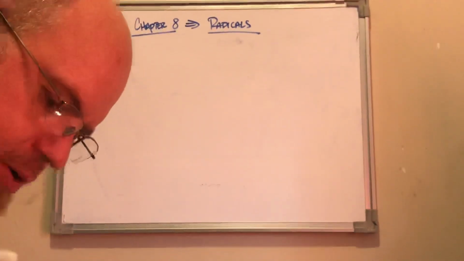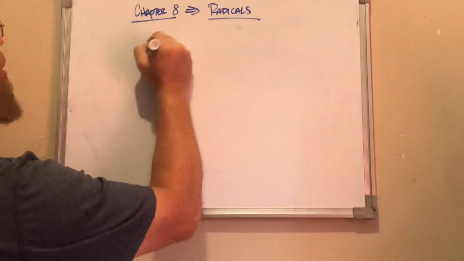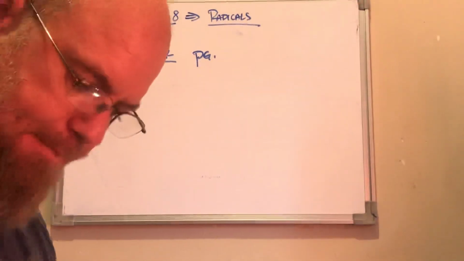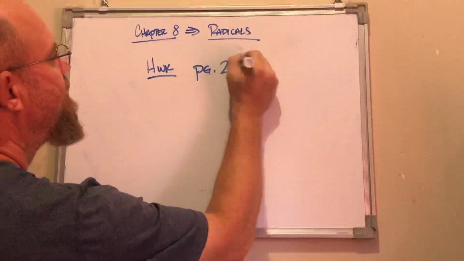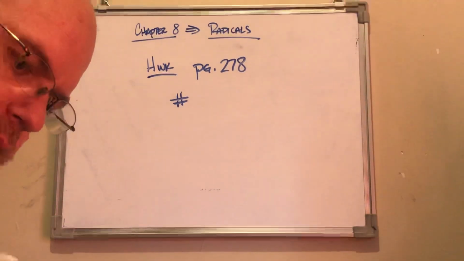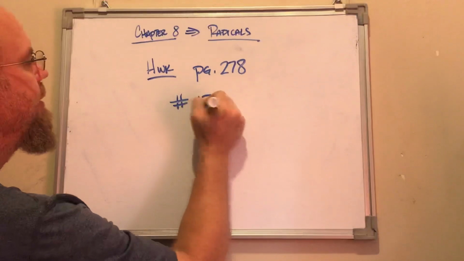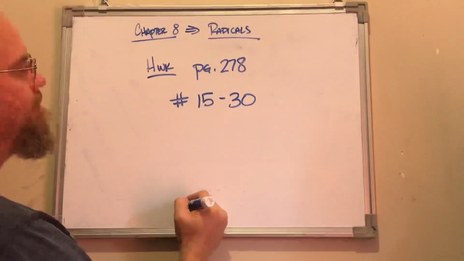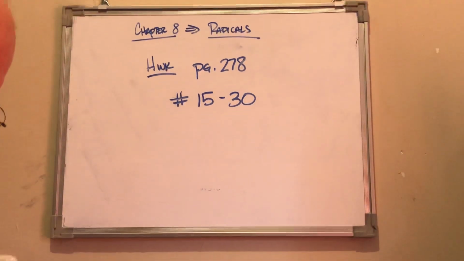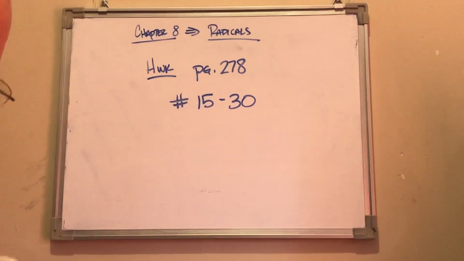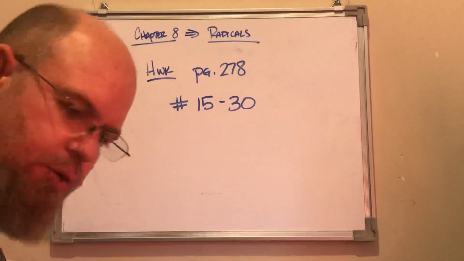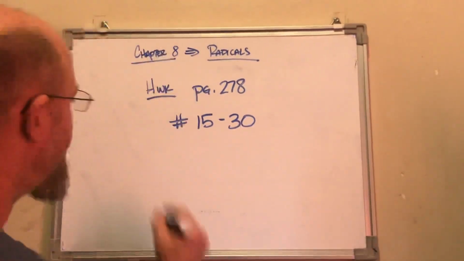That is going to be found on page 278, numbers 15 through 30. This is your homework. It says find the principal root. If the root cannot be found, write not real or irrational. So I'm going to do an example for you. I'm going to do number 23.